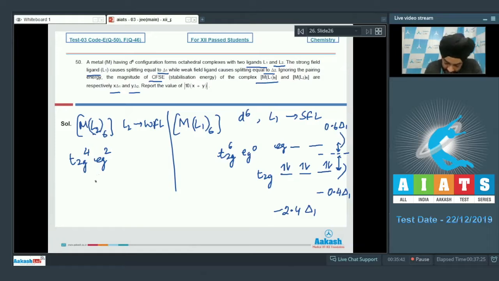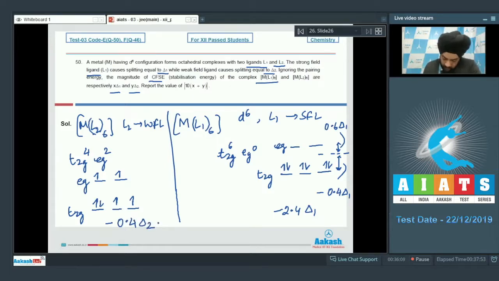If we try and draw the energy diagram, the eg level will have 2 electrons, whereas the t2g level will have 4 electrons. It is already mentioned that we have to ignore the pairing energy, which we did in the first case as well. So in this case, the total CFSE will come out to be equal to minus 0.4 delta 2.